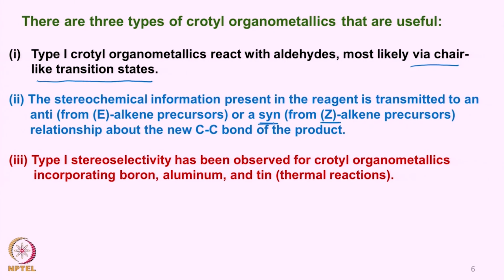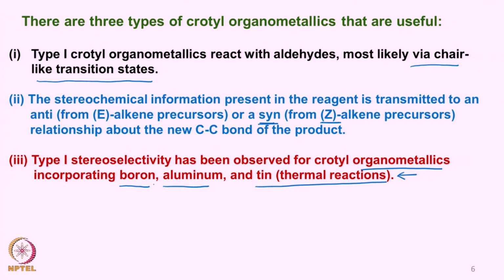So, this is the first type of crotyl organometallic reagents, and the stereoselectivity is observed for this kind of crotyl organometallics which have boron, aluminum and tin, particularly via thermal reactions.